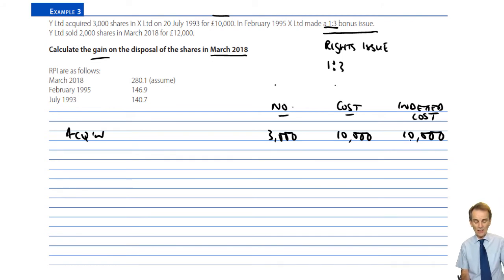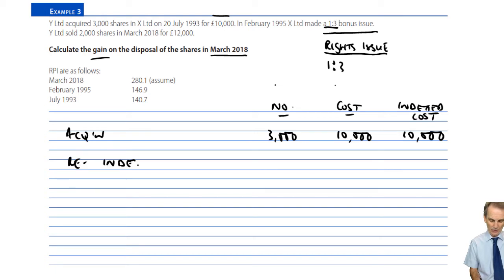Now, when we see that it is a rights issue, that will mean that we need to re-index from the last acquisition date, July 93, through to the date of this rights issue, which is February 95.